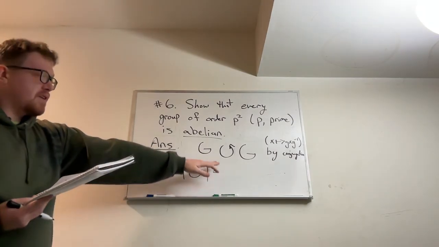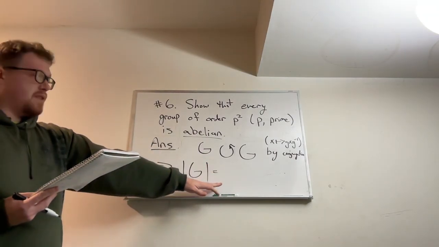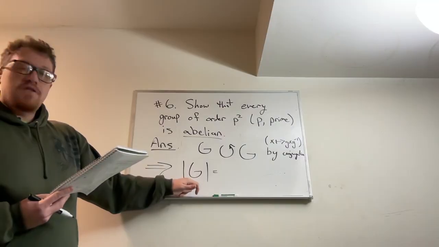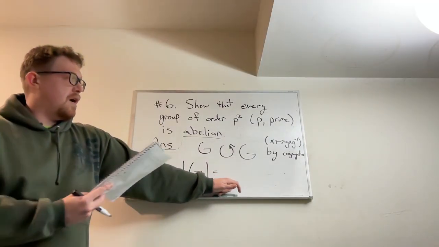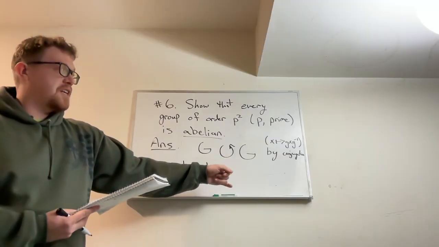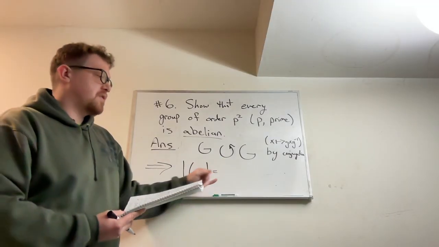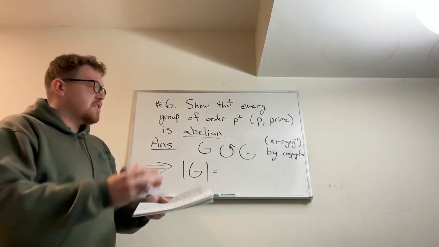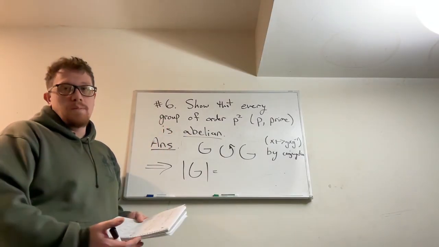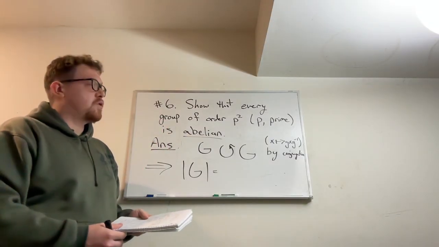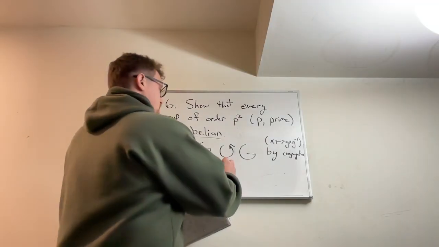For this particular action, we get that the size of G is equal to the size of the center of the group, which is all the orbits of size 1 under the conjugation action, those things are in the center, plus the indices of the centralizers of the remaining orbits, the orbits that have size 2 or more.